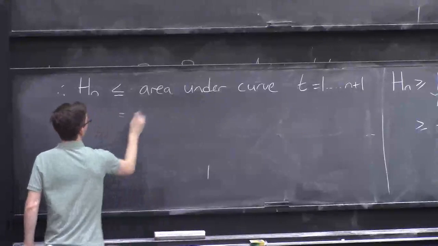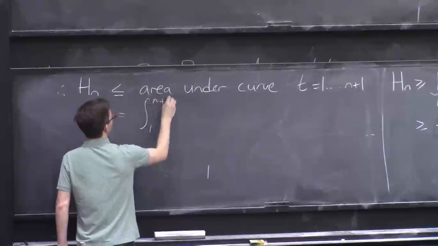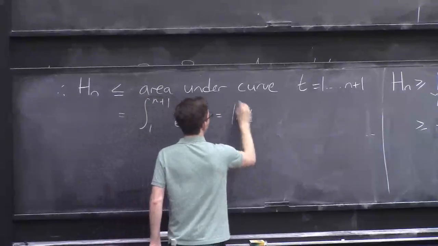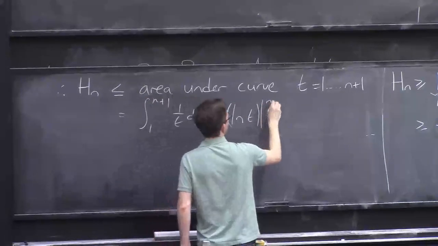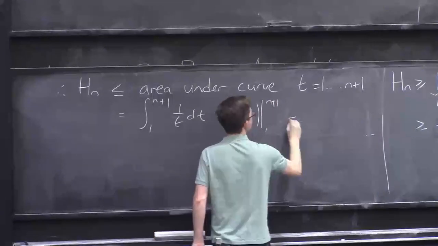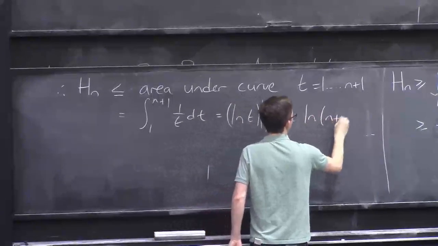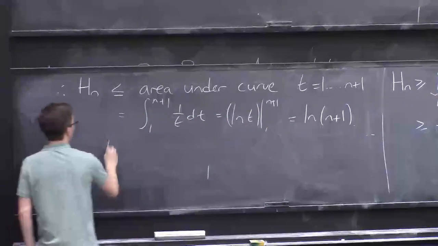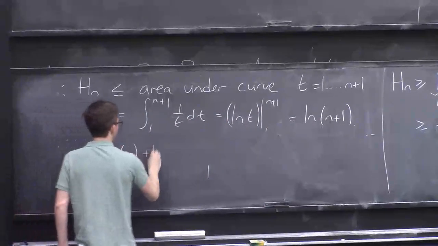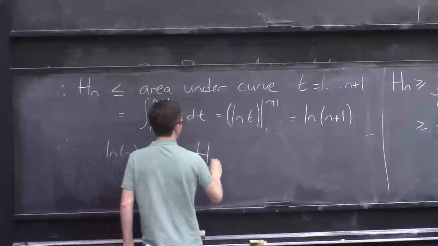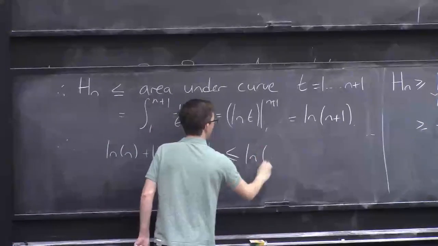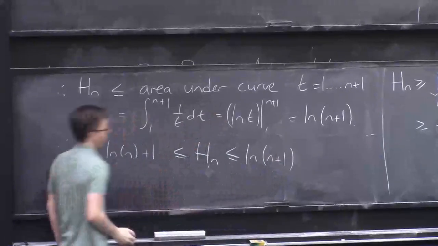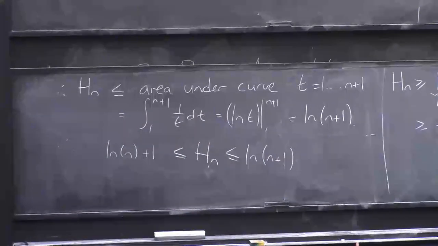This is again the integral from 1 to n plus 1 of 1 over t dt, just ln t evaluated from 1 to n plus 1, which is ln of n plus 1. So finally we've concluded that ln of n plus 1 is less than or equal to H n, which is less than or equal to ln n plus 1, which is a different thing. I just read it the same way for fun.